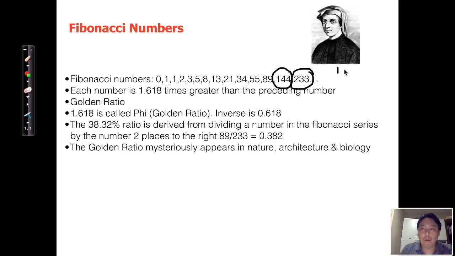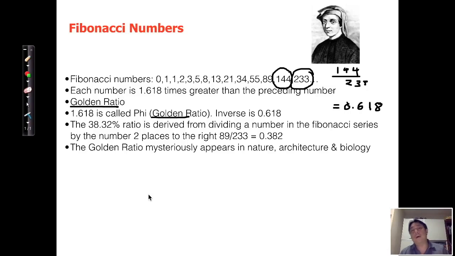You will get a ratio which is 0.618, also known as 61.8%. Okay, and again, as long as you take any number and divide it by the number before it, you always get 0.618. And this is known as the golden ratio.